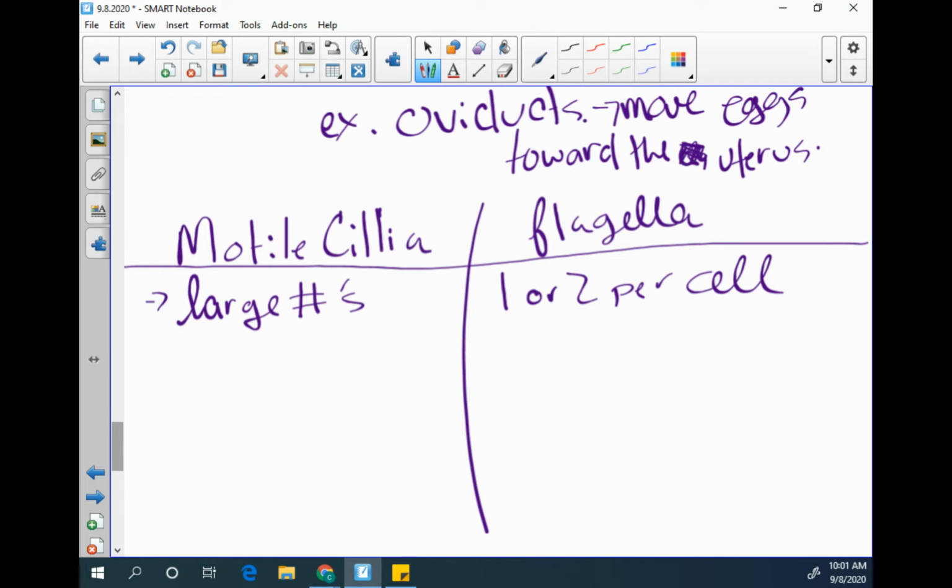So if a cell is moving through water via cilia, we're going to have a bunch. Meanwhile, if we have a flagella, odds are it's just going to have 1 or 2. The motion in which they move cells is also really different.